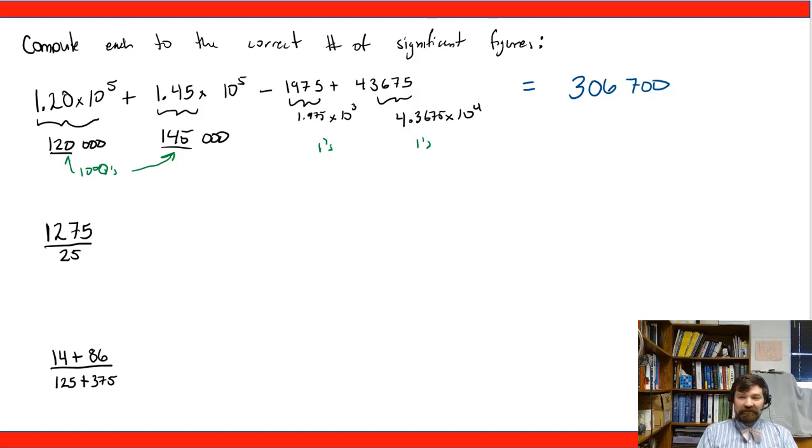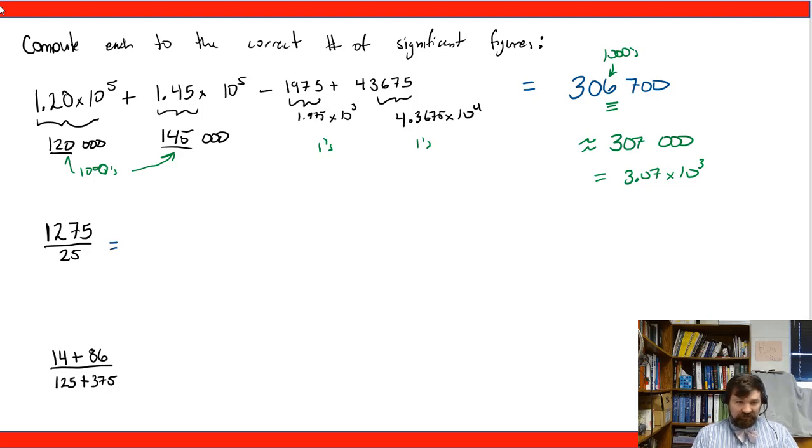So we can only know the final answer to the nearest thousand. So this is your thousands place. This number you would need to round to about 307,000, or in other words, 3.07 times 10 to the 3.